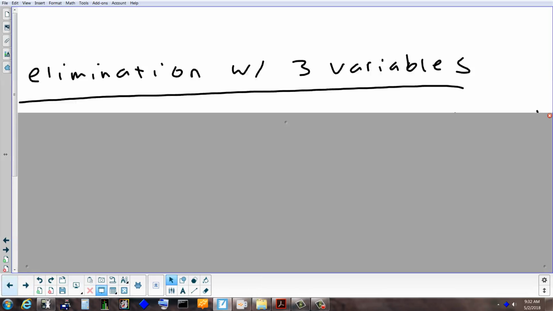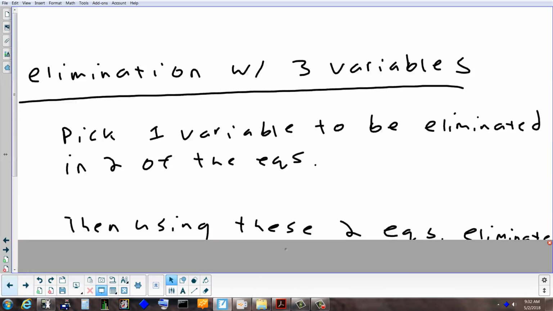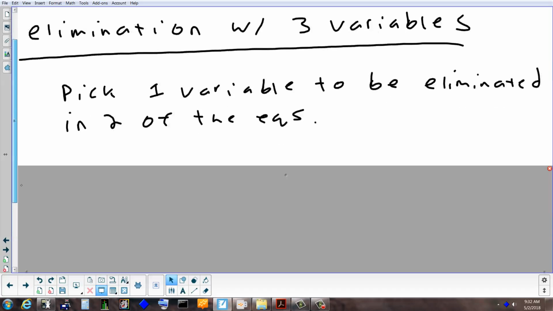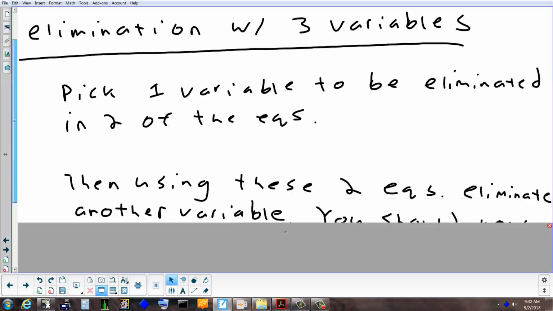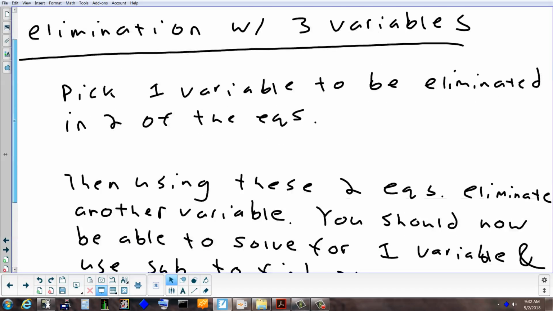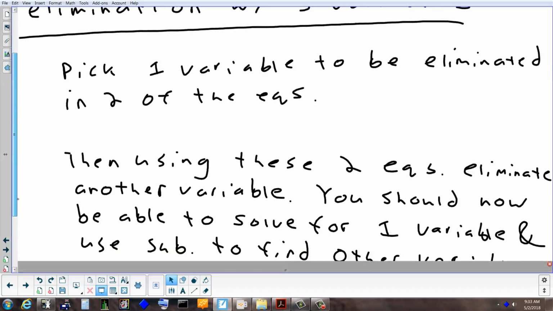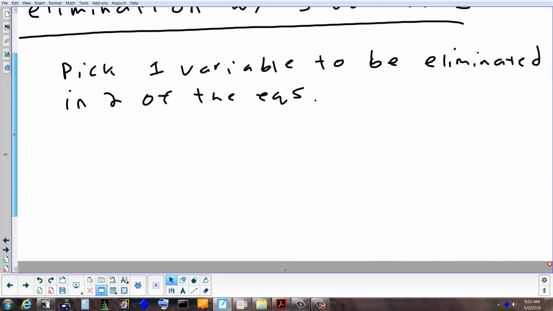So I'm going to try to simplify the steps as much as I can, but it's really something you just have to do. Step 1: pick one variable to be eliminated in two of the equations. Step 2: pick two different equations.